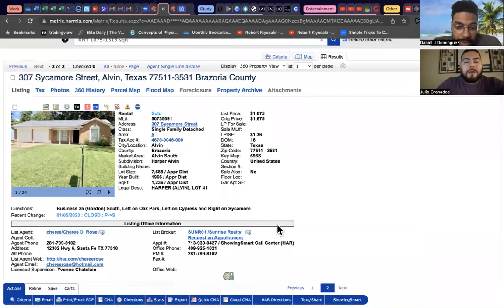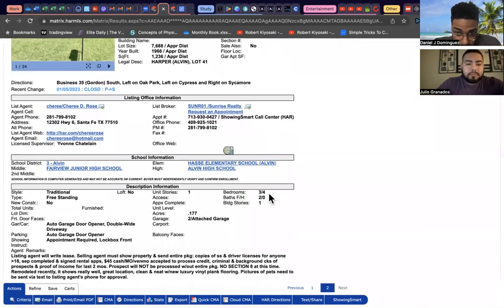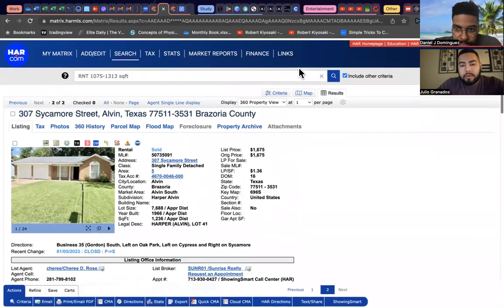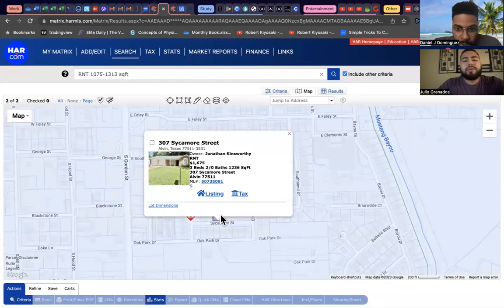All right, so 1675 is what somebody paid, rented out in 16 days, which is good. The only problem is this one is a 4-bedroom? Maybe, I don't know. No, it's a 3-bedroom. It's a 3-2 with a combo room in there, like a little office or something.